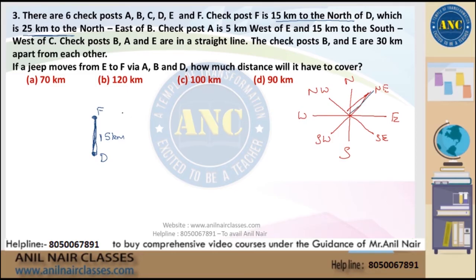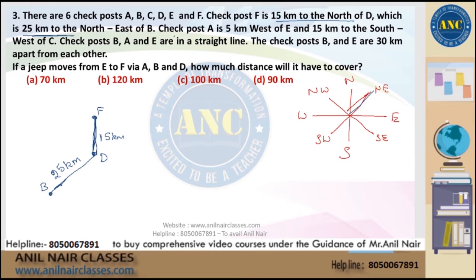Northeast is this way. So, D is to the northeast of B for 25 km. Okay. So, this is 25 km. Next, northeast of B. So, B is here.